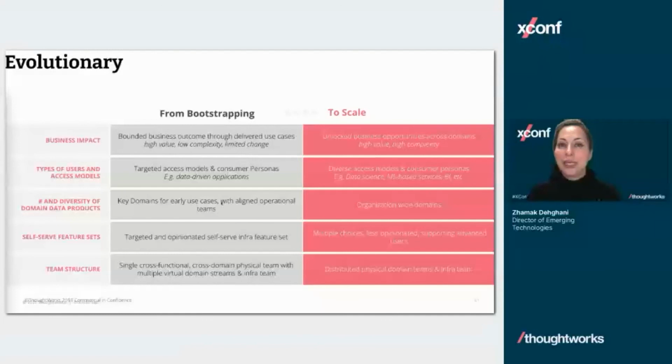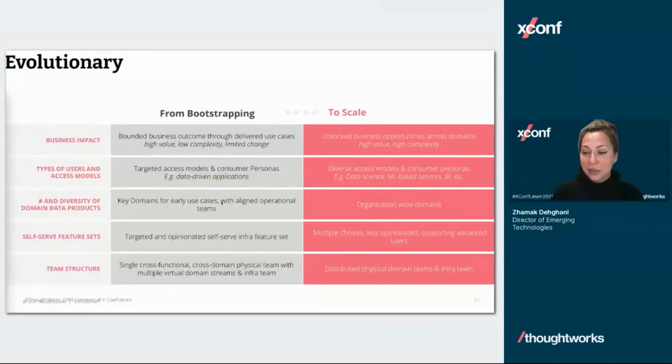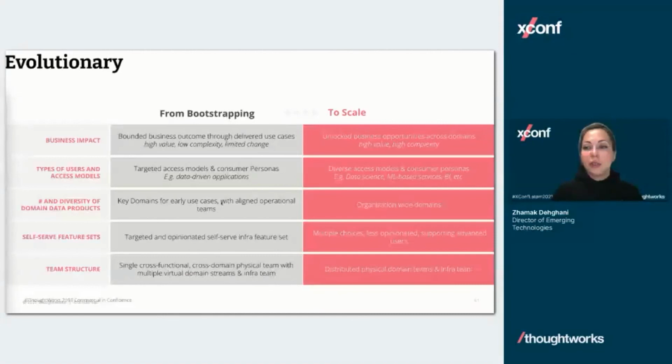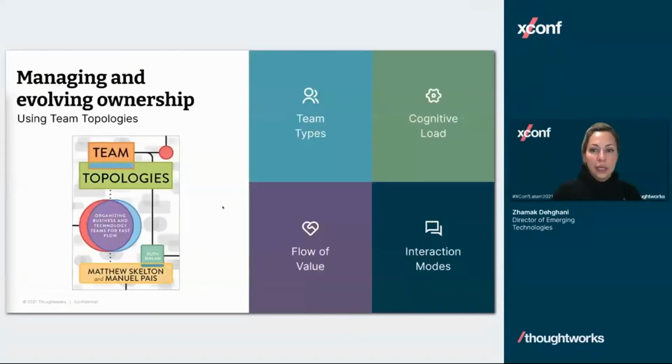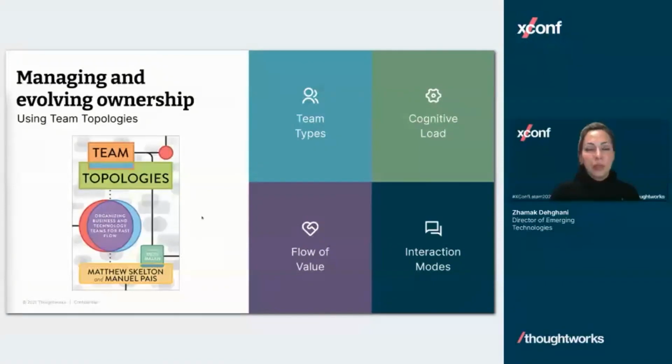Your teams become completely distributed. Maybe you need to do less hand-holding. In terms of your team structure, I think adopting and taking inspiration from the work of the folks who wrote the Team Topologies work is very applicable here.